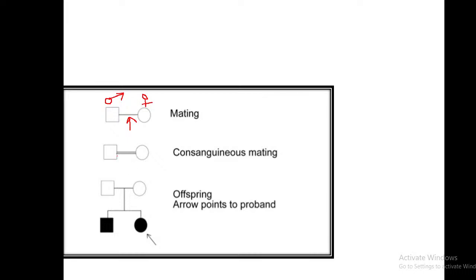Now, if it is represented by a double line, it means consanguineous mating. Consanguineous means the relationship between relatives, that is, if two persons are having the same genetic history. That means relatives.